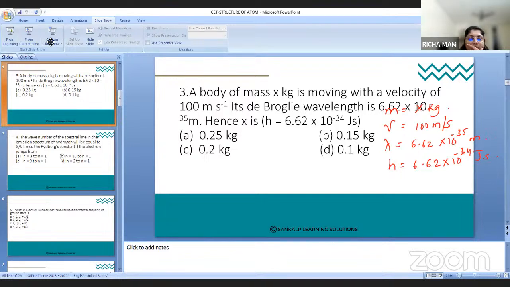So according to de Broglie's equation, lambda is equal to h by mv. Okay, put the values now. Put the values here.